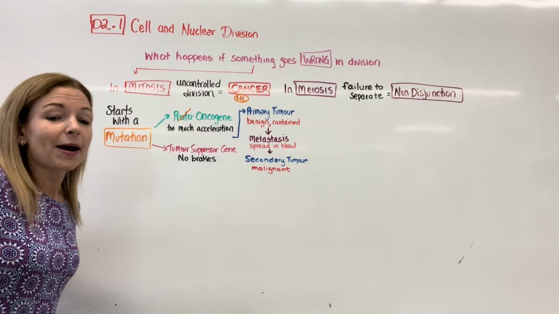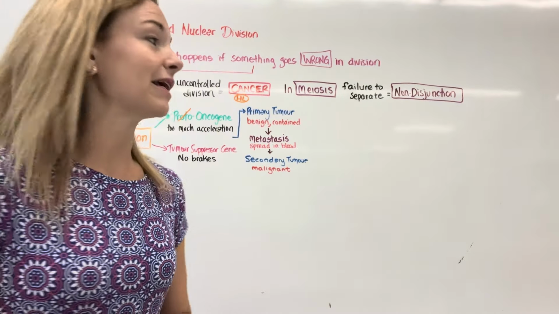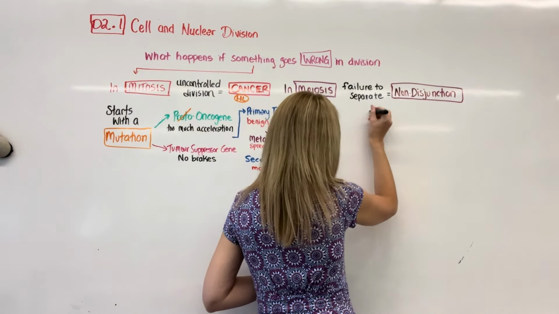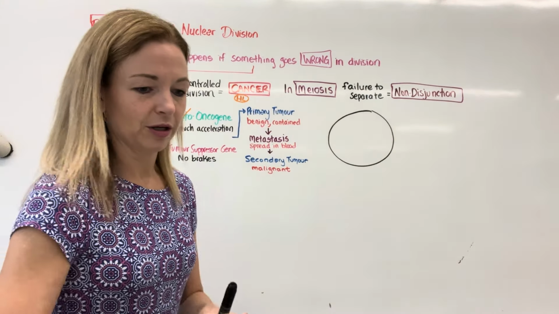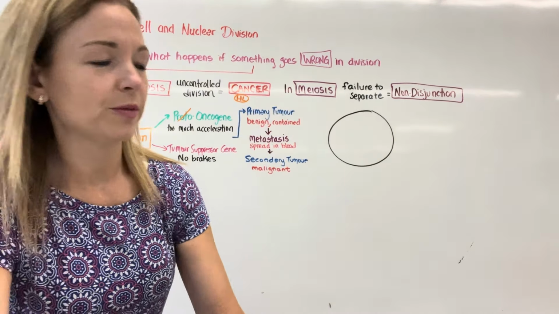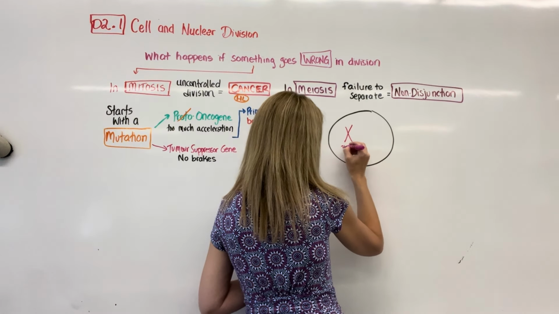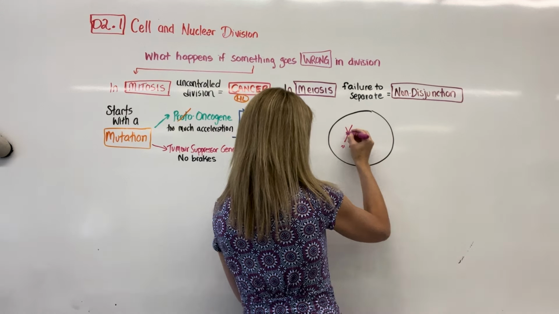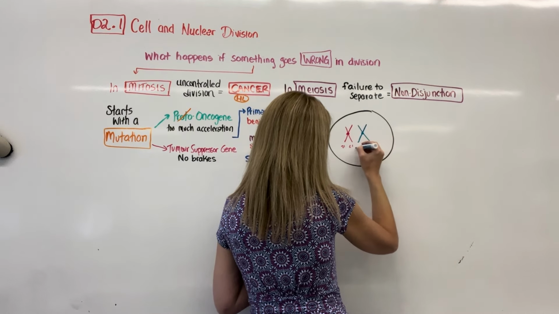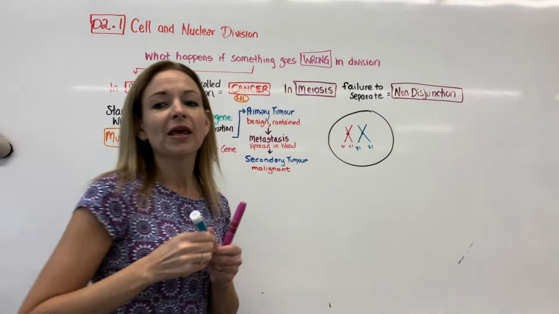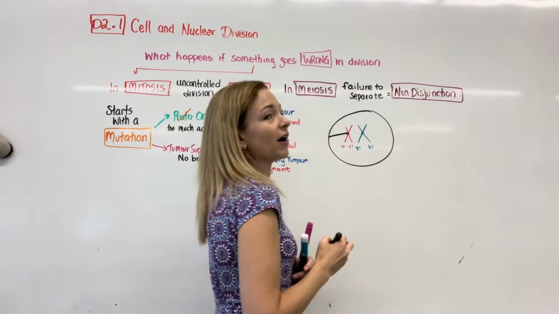Okay, so then what about non-disjunction? So non-disjunction is basically a spindle fiber error. So here we are at non-disjunction. If we have two copies of chromosome 21, for instance, so this is chromosome 21, that's the sister chromatids, and then we also have dad's copies of chromosome 21, and what's happening here is that there's some sort of failure to divide.